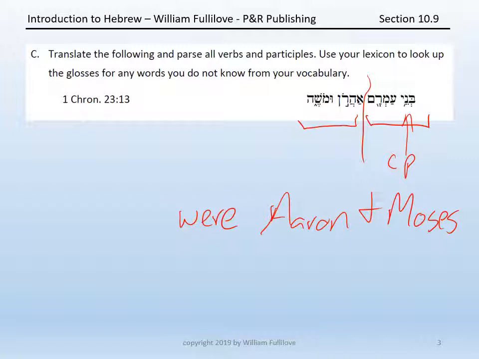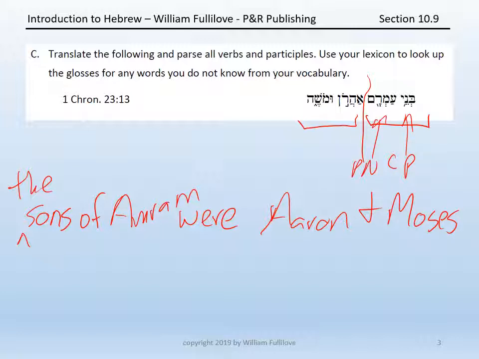So in plural it's sons, and in plural construct it's sons of, and then the final word Amram. So the sons of Amram were Aaron and Moses. And I say the because again Amram is a proper noun and therefore is definite by rule. So the sons of Amram, verbless clause, were Aaron and Moses.